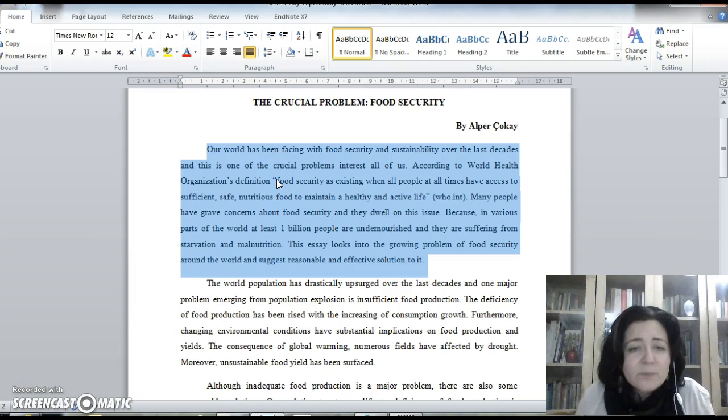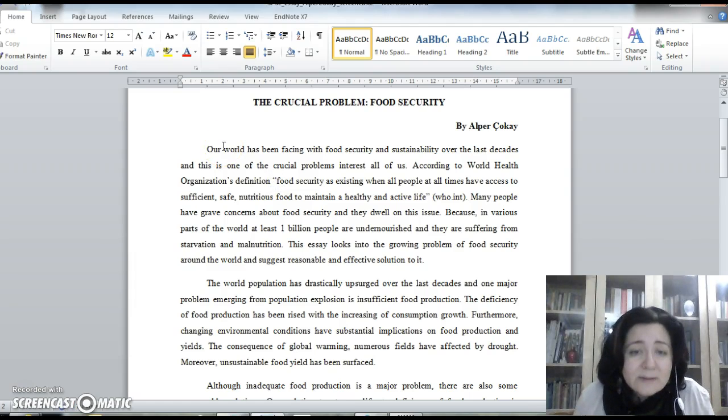Now, in the situation paragraph, we discuss or we set the background that has given rise to a specific problem or a set of problems. So while setting the background, you may need to explain or define basic terms and concepts that your reader may not be familiar with.